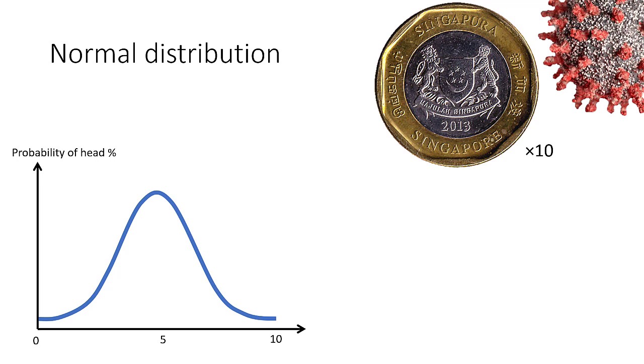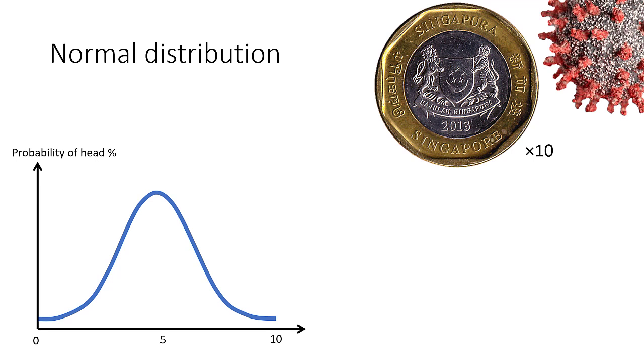You can see on the graph, it is very low. Most likely, if this is a fair coin, I will get 5 heads. So the probability, or the chance, of me having 5 heads is the highest. And the chance of me getting all 10 heads will also be low, as low as 0 heads.